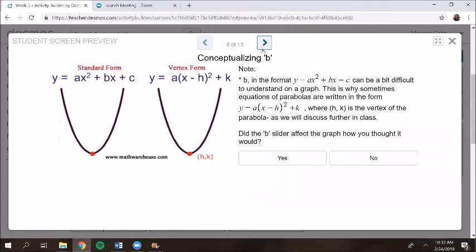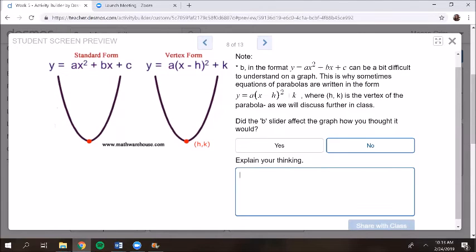So in the next slide, we have conceptualizing b, and it shows standard form and vertex form, which is going to foreshadow what you would cover after this introduction activity. And then, did the slider b affect the graph how you thought it would? I would say most students would say no. So they click no, and explain their thinking.